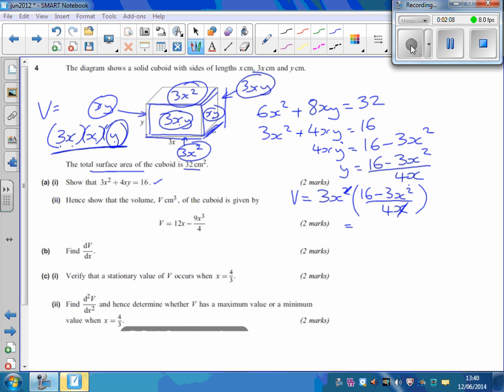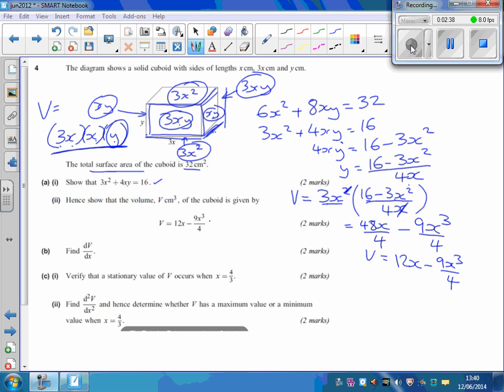And so we're going to be left with 3x times 16, that's 48x over 4, minus 3 times 3, which is 9, x times x squared is x cubed over 4. Last thing to do is to cancel this one down, and that's just 12x minus 9x cubed over 4, just like we were asked to get.